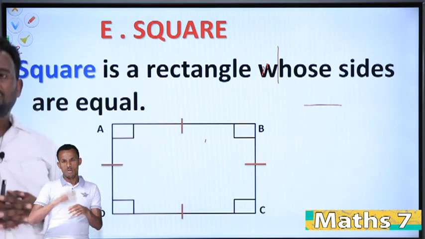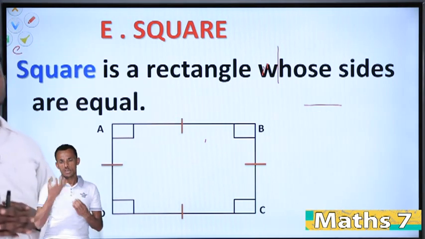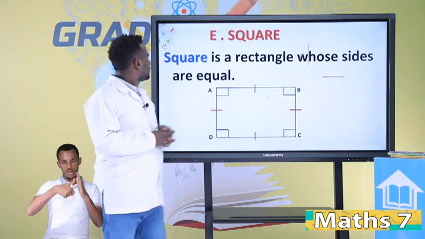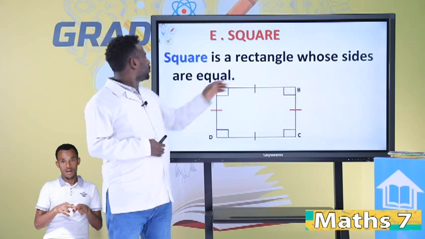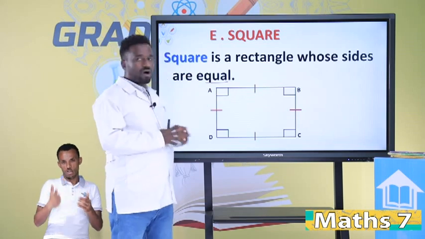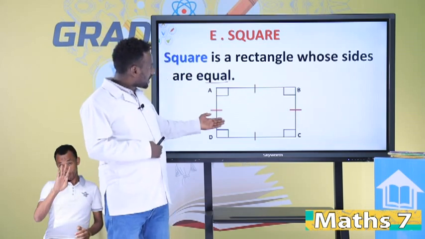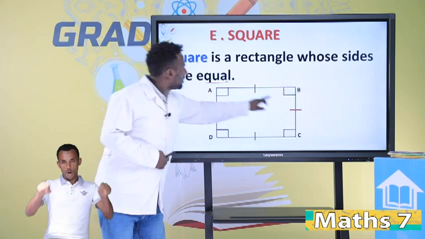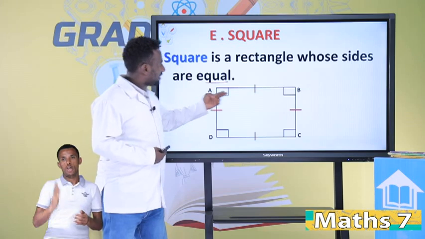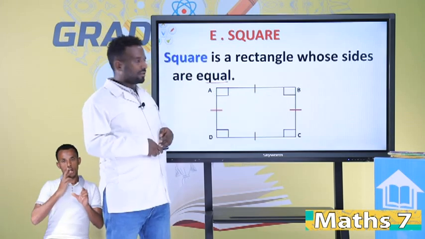On the last, the classification of the quadrilateral: square. A square is a rectangle whose sides are equal. This is the geometrical figure of a square. All the sides are equal, then the angles are 90 degree.